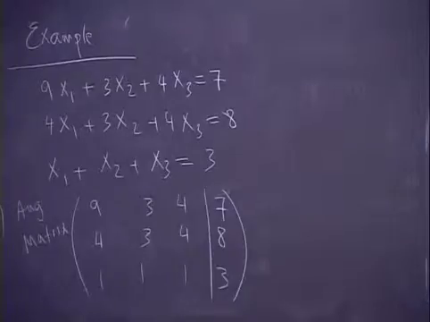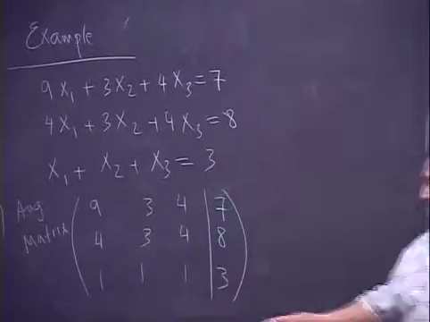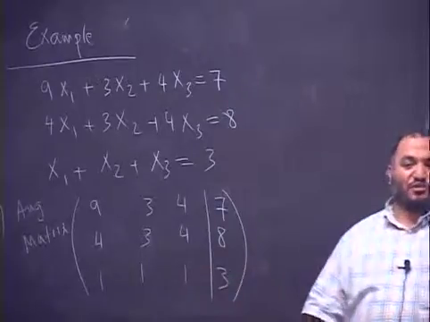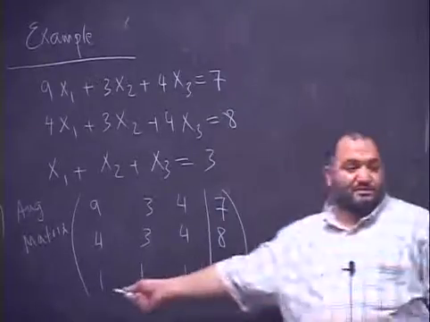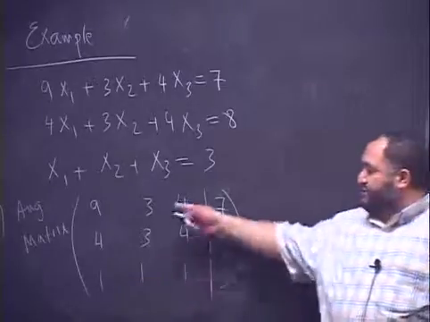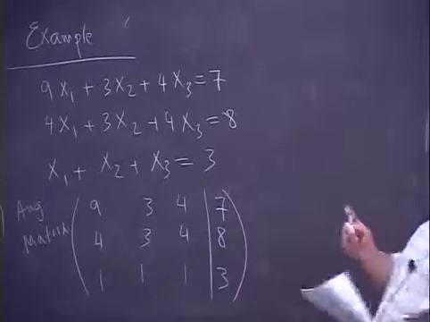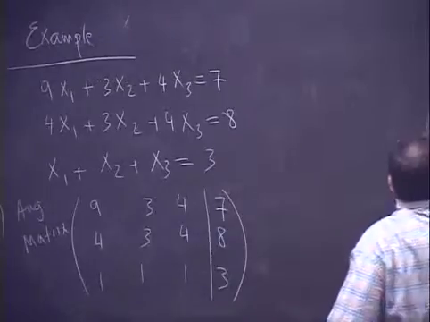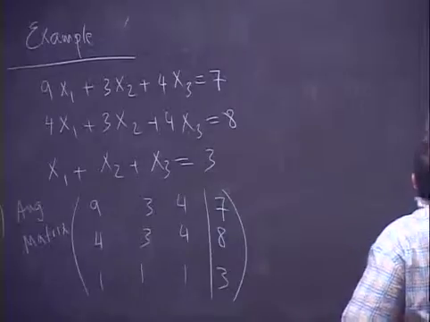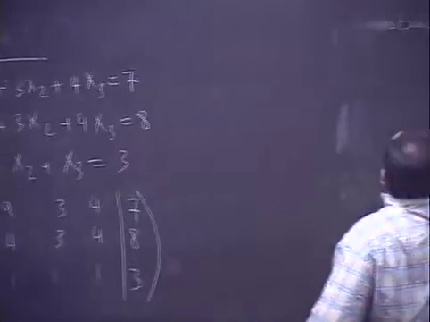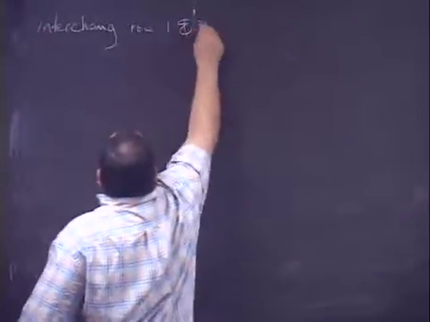Okay, now we will do the first operation that makes the augmented matrix a little bit simpler. If you want to multiply and then add or subtract, it's better to do it with the first row, because all of them are ones. So it's better to interchange the first row with the third row, just interchange the position. So we interchange row 1 and 3.